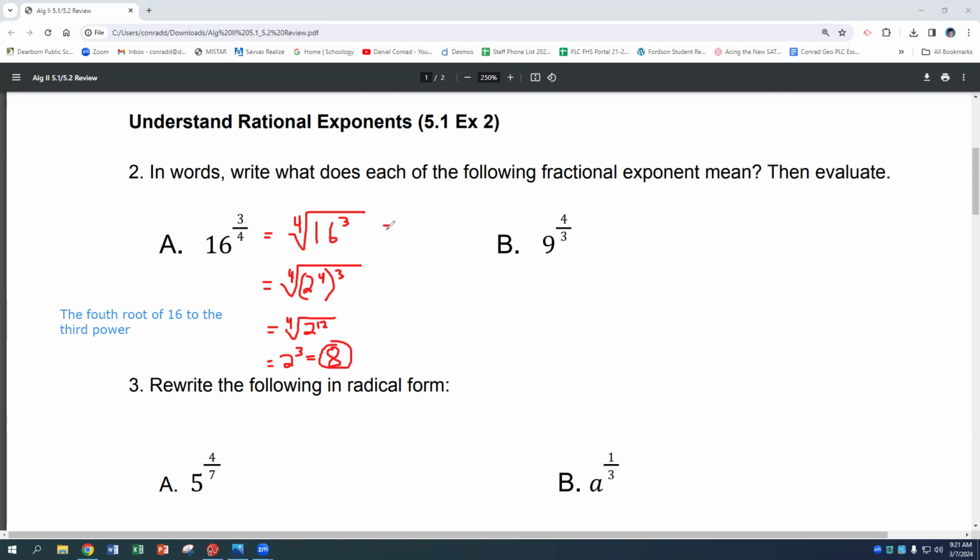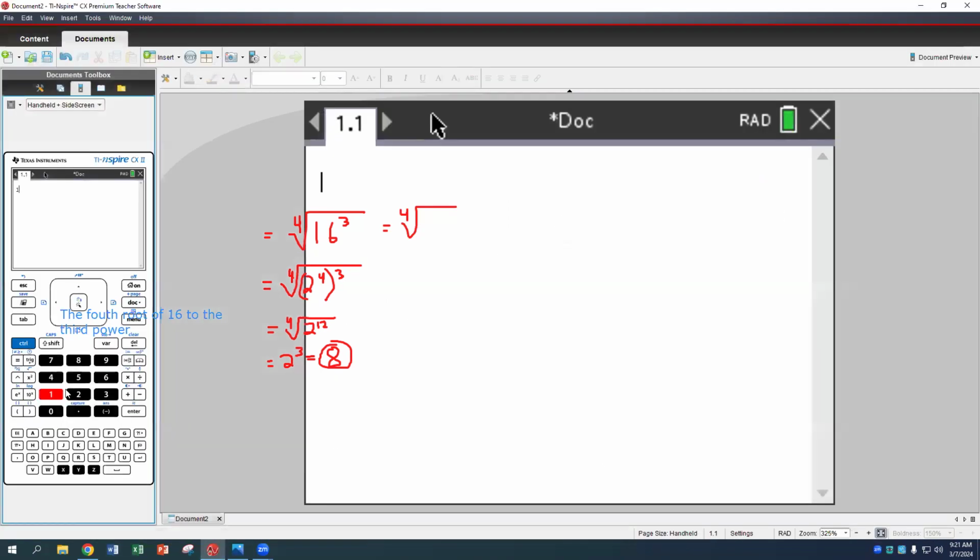The other way to do this is we could have done 16 to the third, and then the fourth root. 16 to the third, we can use our calculator, and we get 4,096. Then we can do the fourth root of 4096, and we get 8.